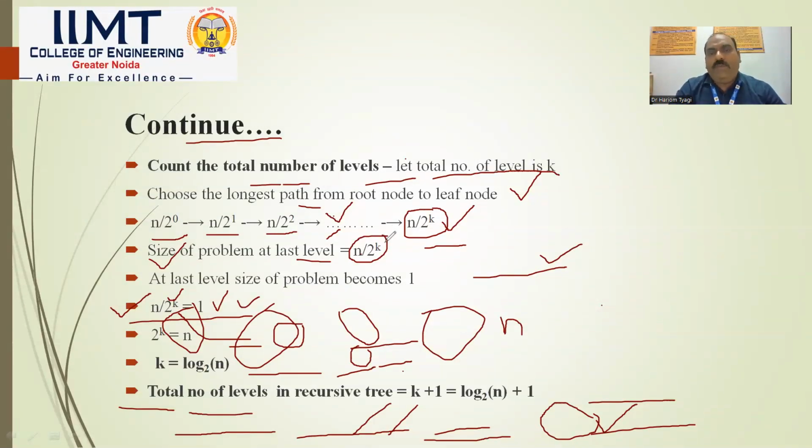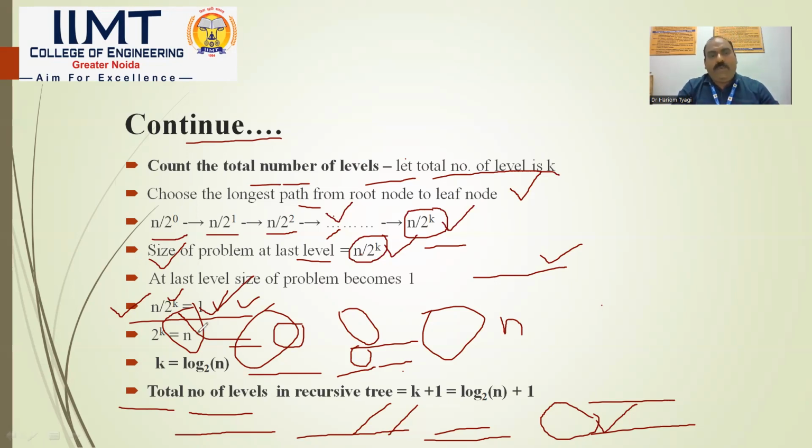So what is the value of n upon 2 to the power k? It will be 1. If the total number of levels is k, then the last value according to your tree is n upon 2 to the power k, and you know very well it will be 1.